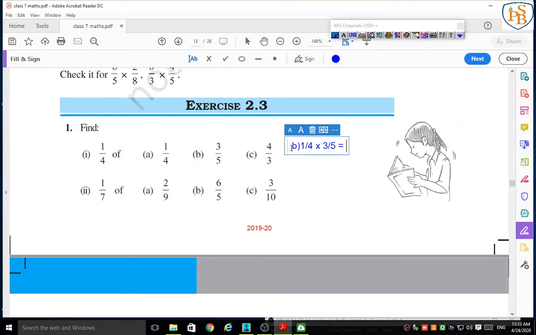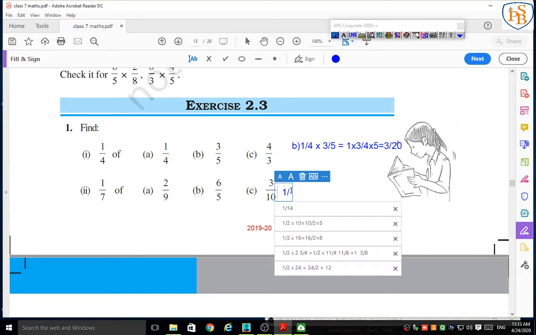We write 1 into 3 upon 4 into 5, because the second fraction has 3 in its numerator and 5 in its denominator, and the first has 4. So my answer will be 1 times 3 is 3 upon 4 times 5 is 20. Okay.